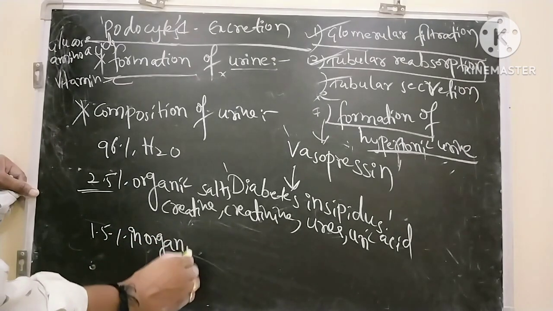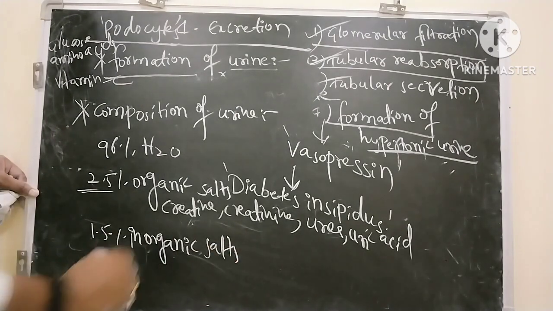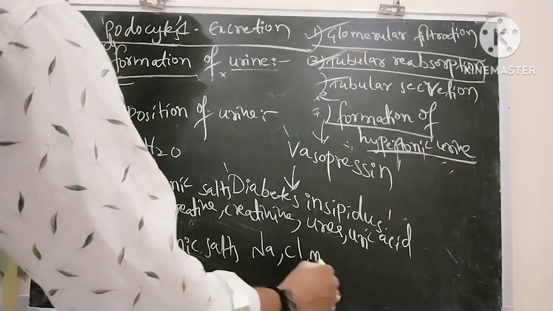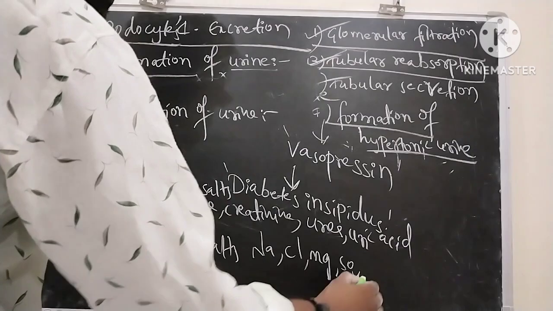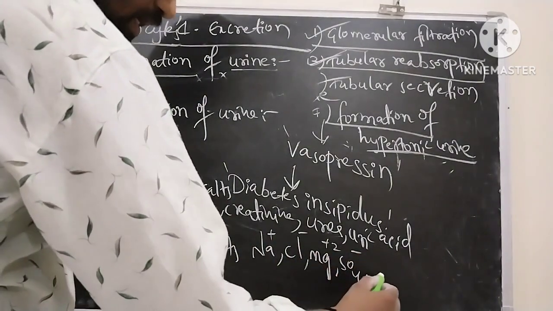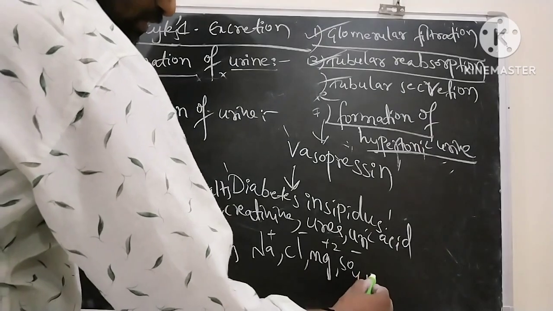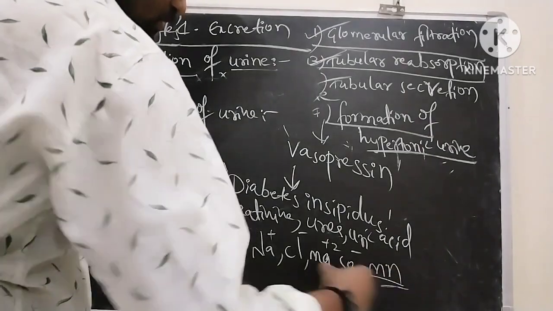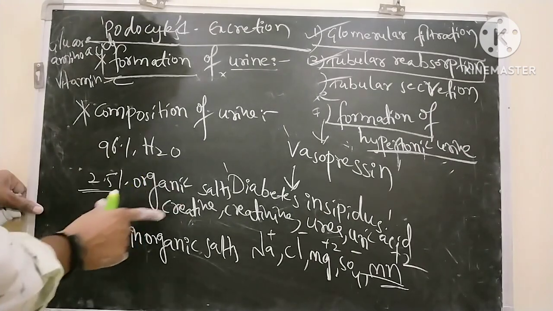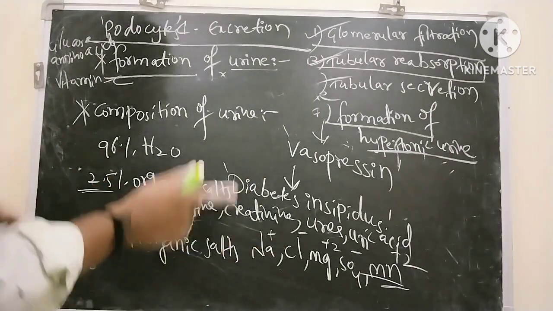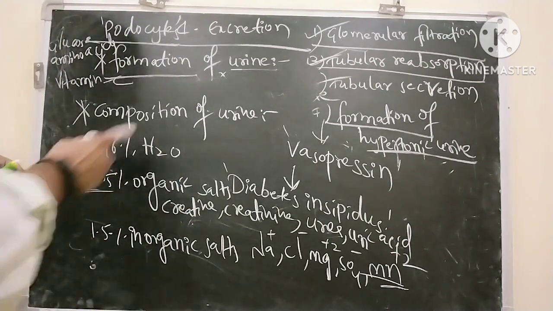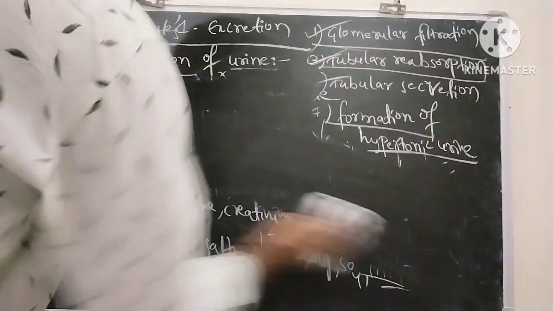This is the important chemical composition, inorganic salts. These inorganic salts are sodium, chloride, magnesium, sulfate, and other substances, all present in urine. So 96% water, 2.5% organic salts, 1.5% inorganic substances, and this is the chemical composition of urine.